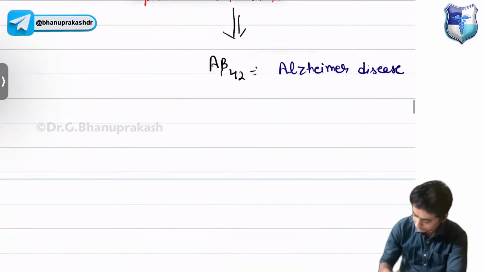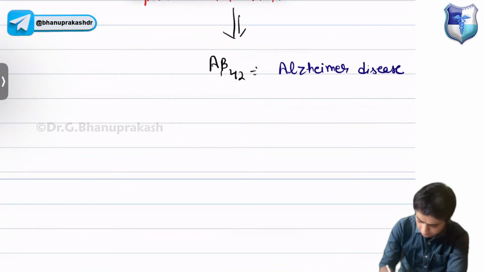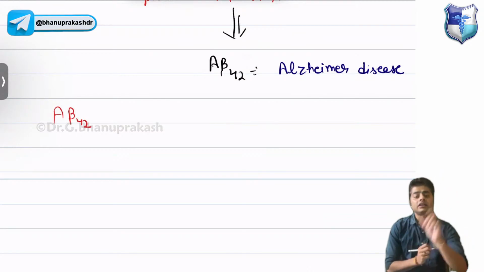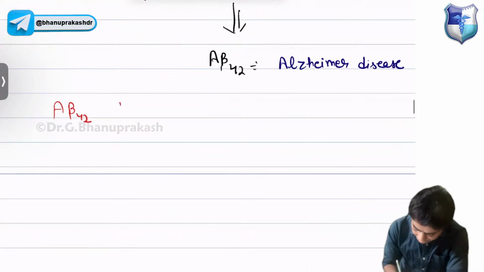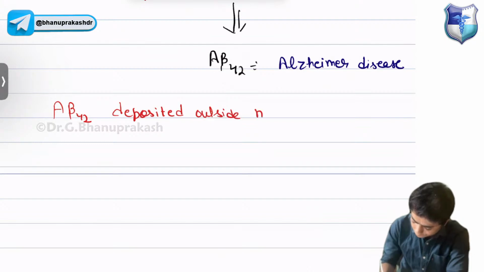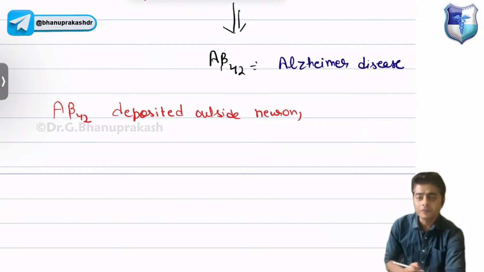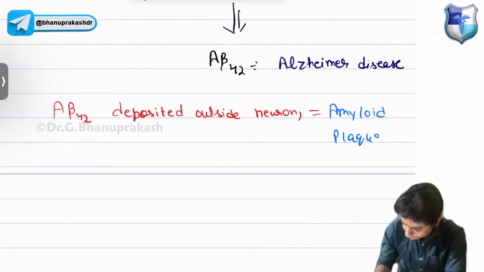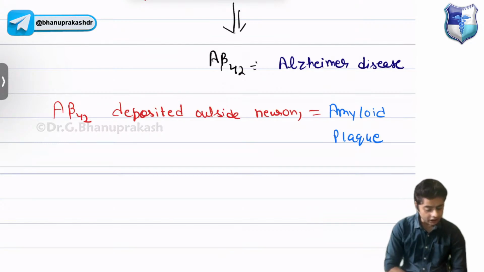Now this A beta 42, the A beta amyloid protein, is deposited outside the neuron, which we call amyloid plaque.